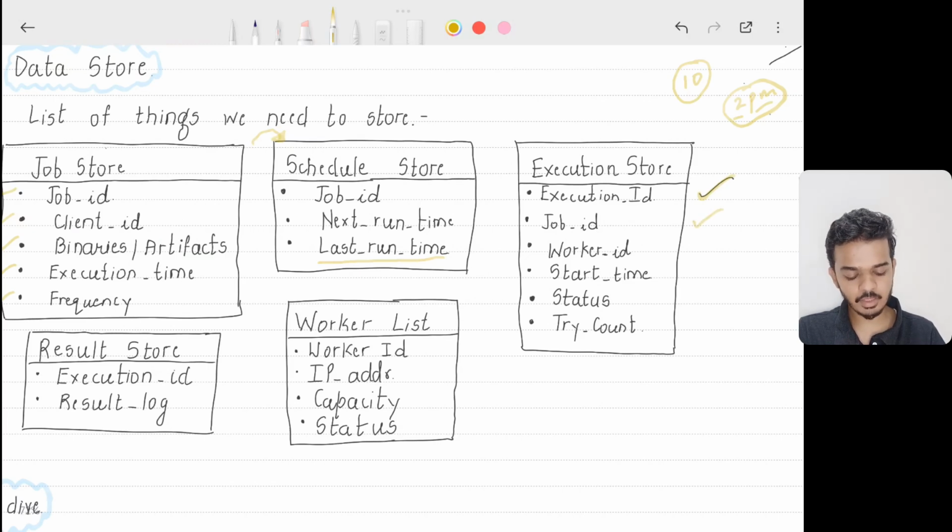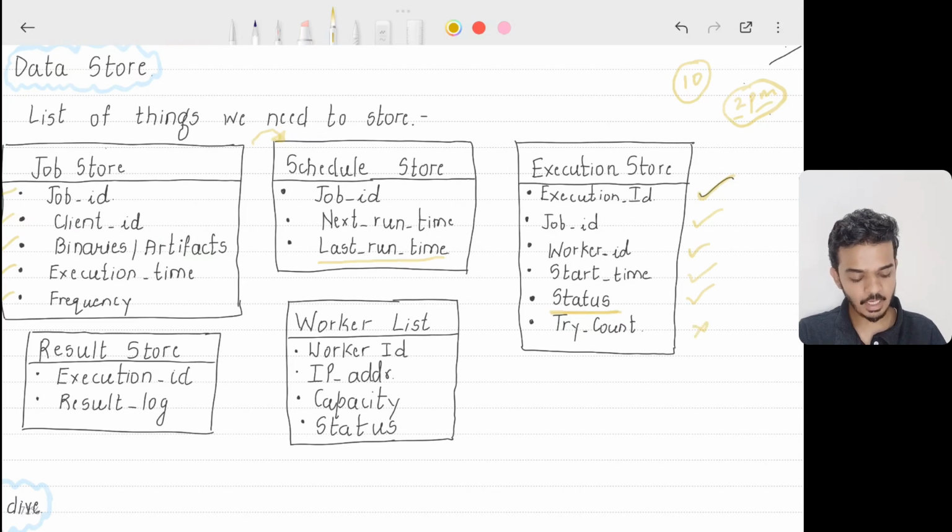It will also be an incremental field. Then the job ID, so it needs to identify in what execution what job was scheduled. It will need to store the worker ID, on which worker the job is executed. It will need to store the start time, when the job was started. It will need to store the status, so based on the execution it will store the status of the job, whether it is being run or if it has failed or something.